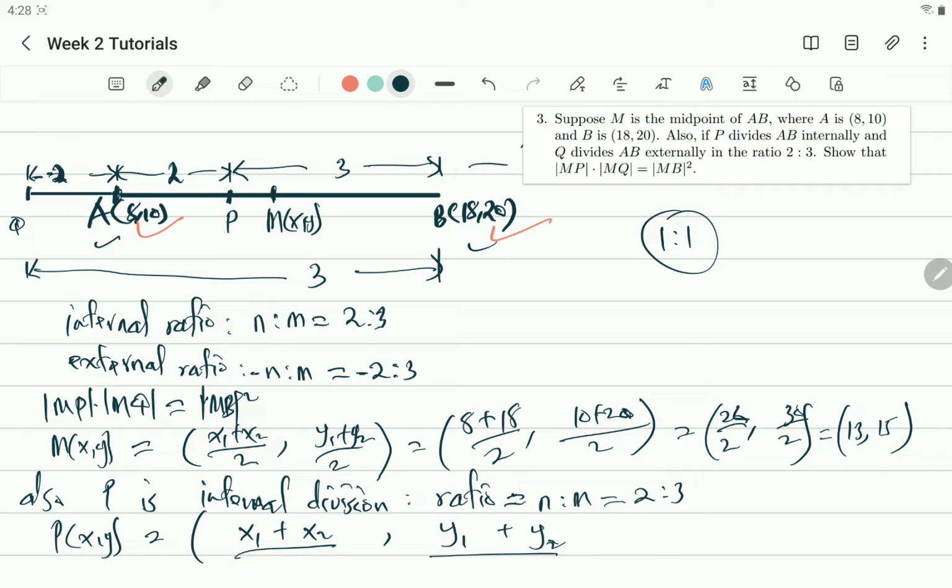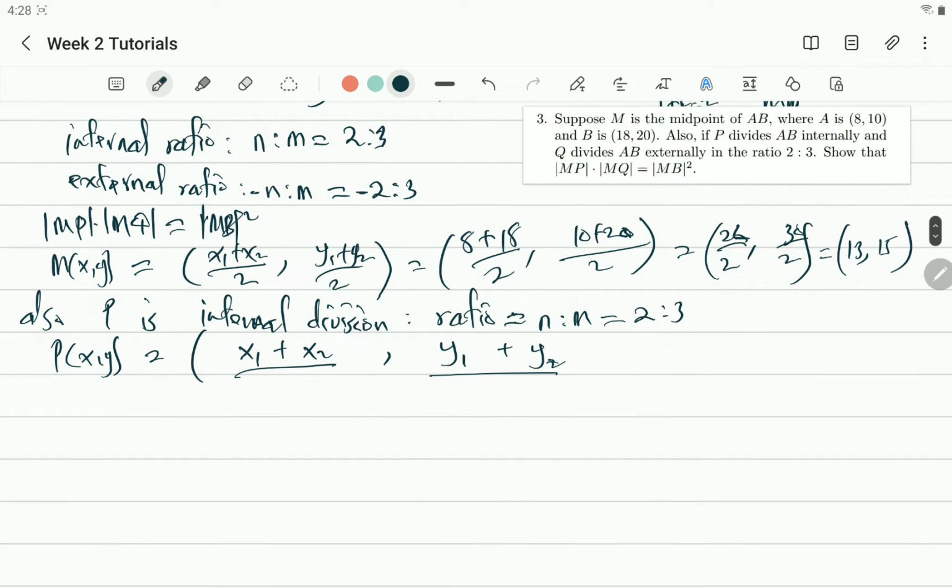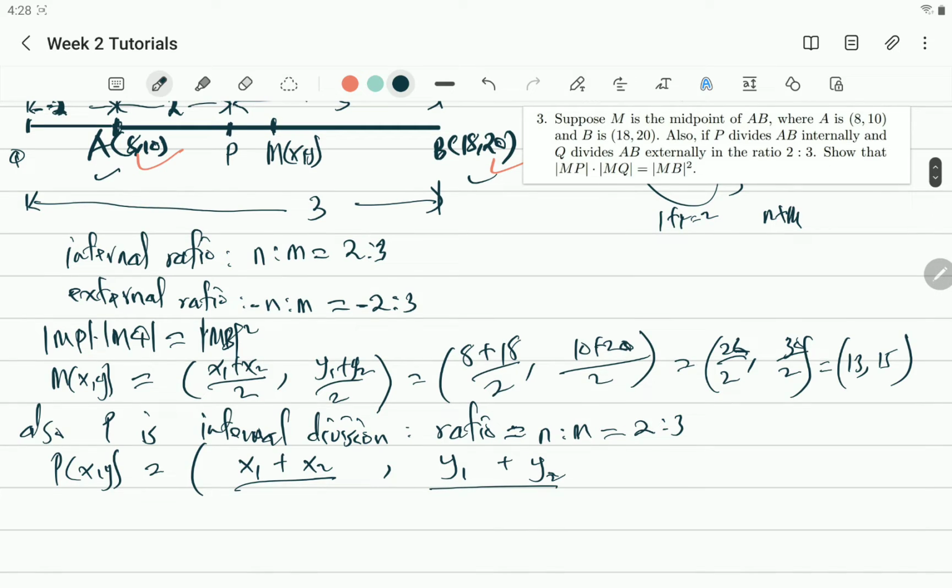But here the ratio is n is to m, so the sum wouldn't be 2, but n plus m. At the same time, the coordinates this time have weight, so we multiply them by their weight, which come from m and n.